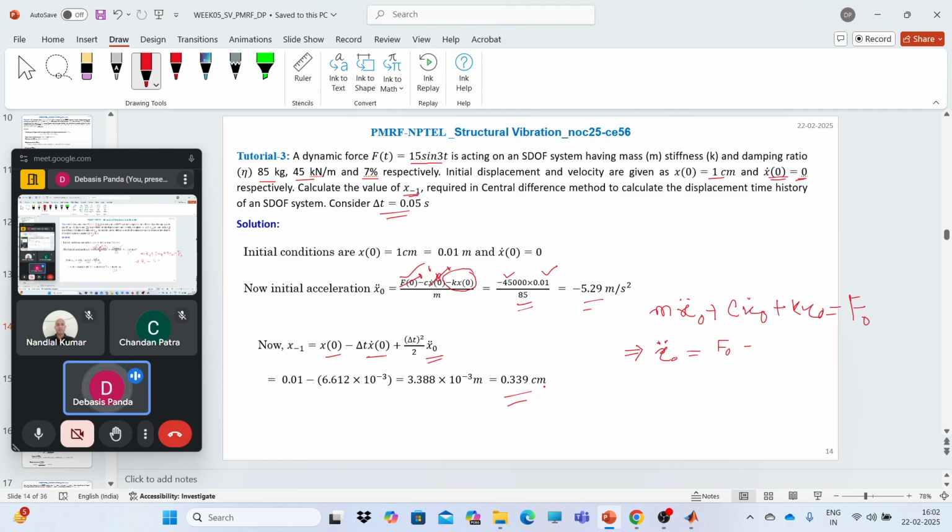I have calculated it in a hurry, so I might be wrong, but can you please cross-check whether we are getting 0.339 centimeter as the displacement at i equals 0 seconds.